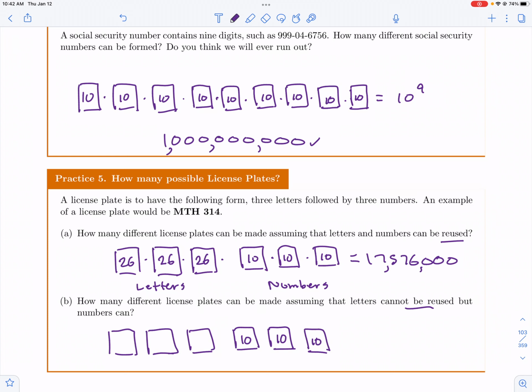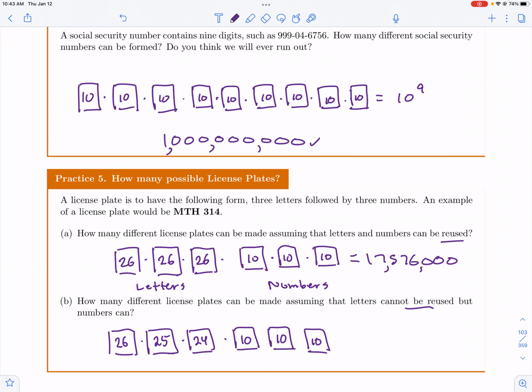But for our letters, since we're not allowed to reuse them, we're going to have access to all the letters for the first one. But let's say maybe the first letter we picked was A. Well, now I can no longer use A in my license plates. That gives me only 25 choices for what my second one could be, and maybe it's B. So now I can't use A or B, so I'm down to 24 possible choices for my license plate.